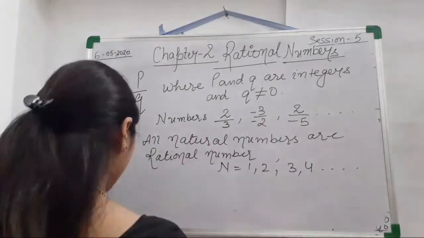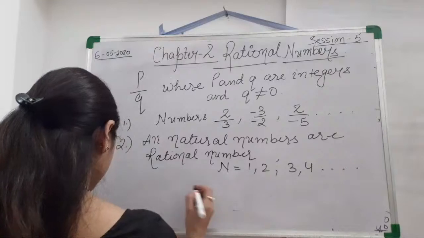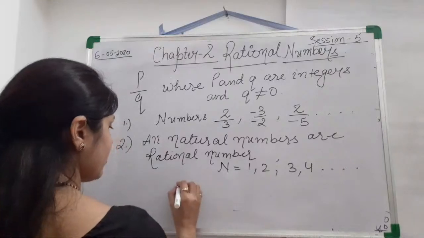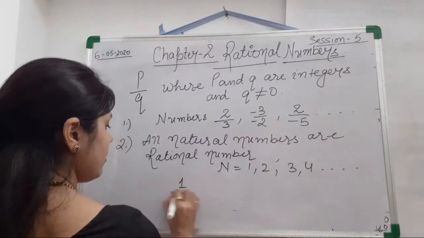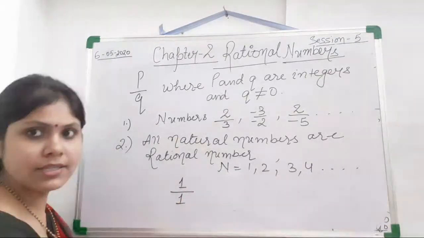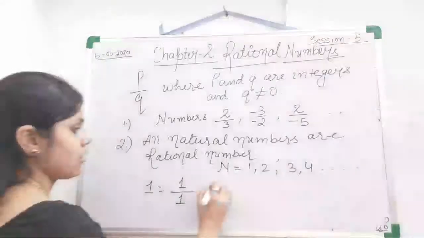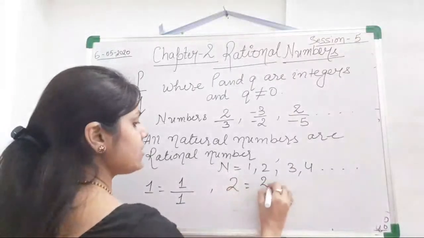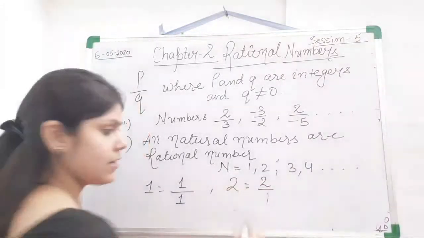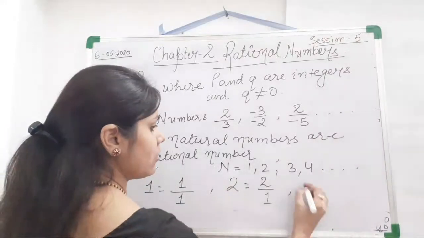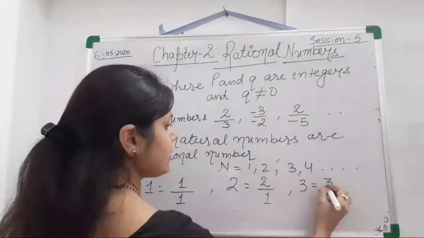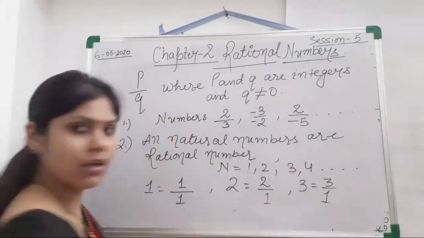We can write 1 as 1 upon 1, 2 as 2 upon 1, 3 as 3 upon 1. Like this you can write.